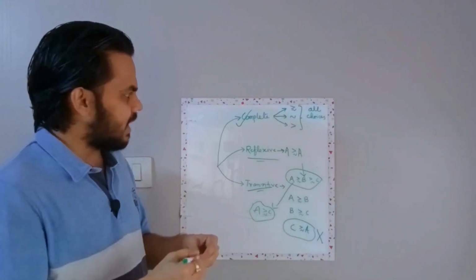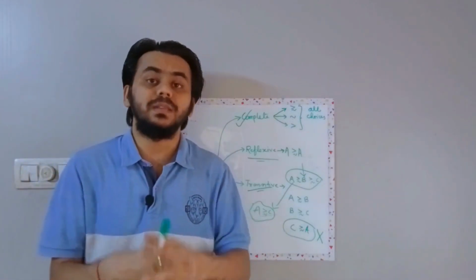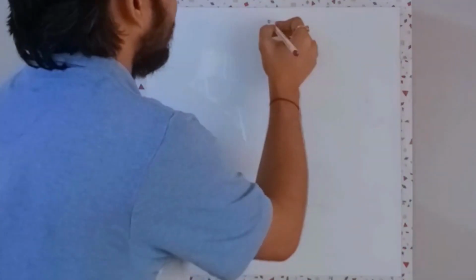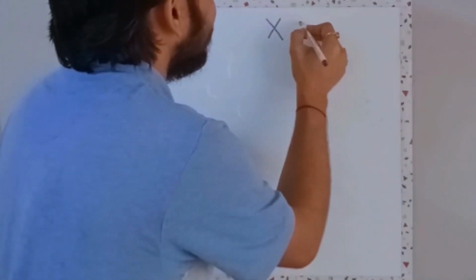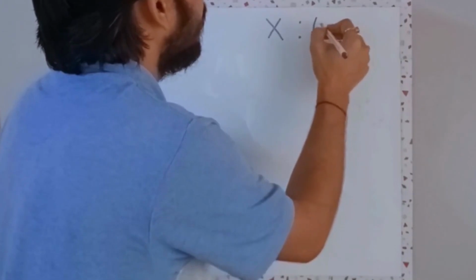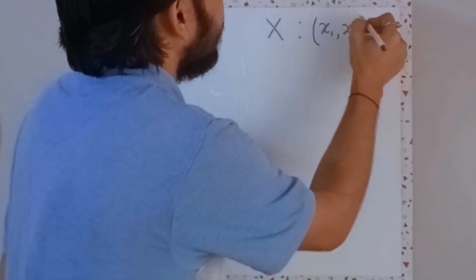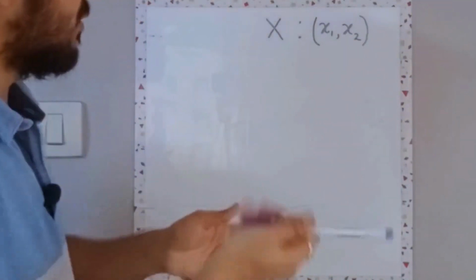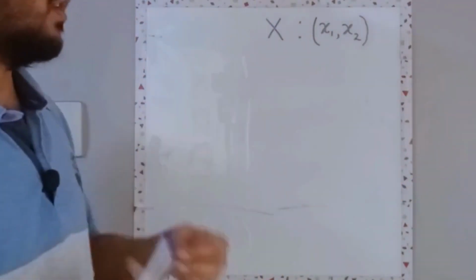Now let's try to understand these things a bit more graphically and mathematically. As we are considering two-good consumption bundles, let's say X is your consumption bundle. So X is essentially a combination of two goods, X1 and X2. If you had, let's say, 3-4 goods in the consumption bundle, I would have said X is X1, X2 and so on, till Xn if you have n goods.